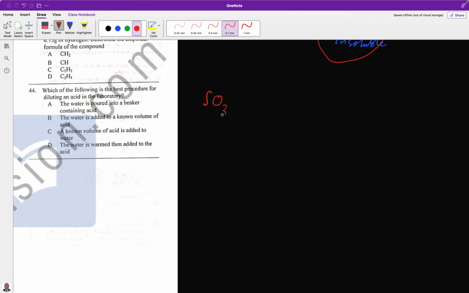If we react sulfur trioxide with water directly, we will have sulfuric acid. But that is not always the case.